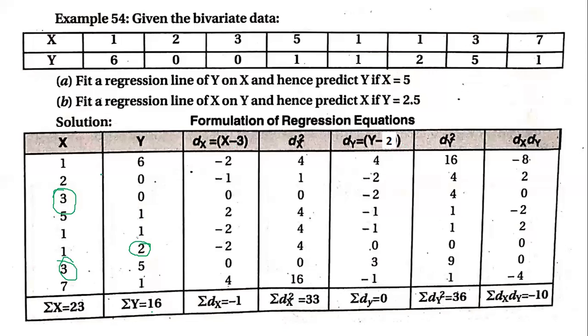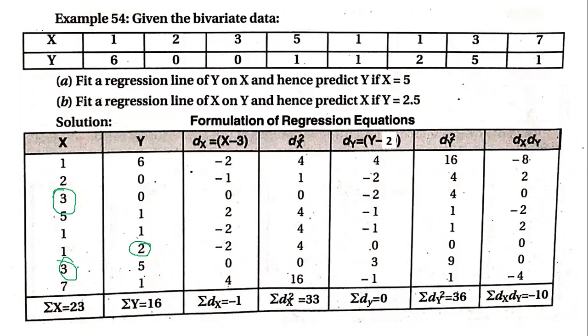Okay, so let us find the deviations. For X, the deviation is known as dx. So dx is equal to X minus assumed mean, that is 3. So 1 minus 3 is minus 2, 2 minus 3 is minus 1, 3 minus 3 is 0, 5 minus 3 is 2, 1 minus 3 is minus 2, 1 minus 3 is again minus 2, 3 minus 3 is 0, and 7 minus 3 is 4.